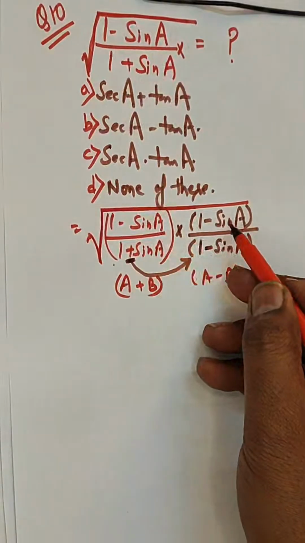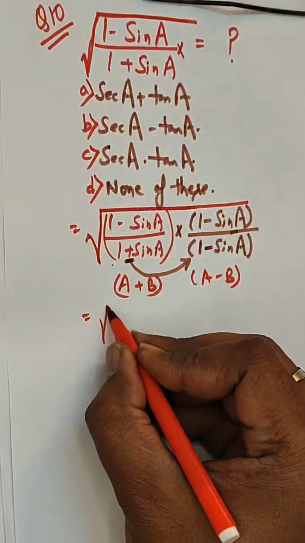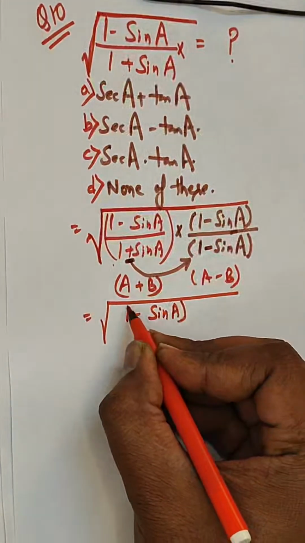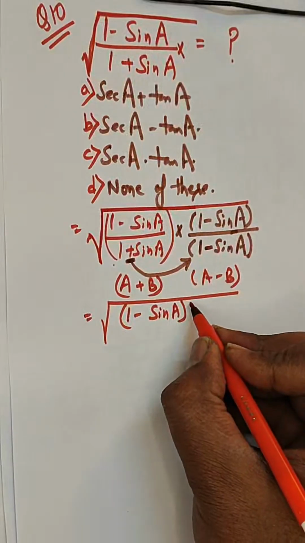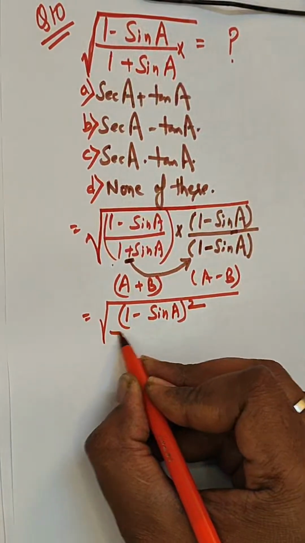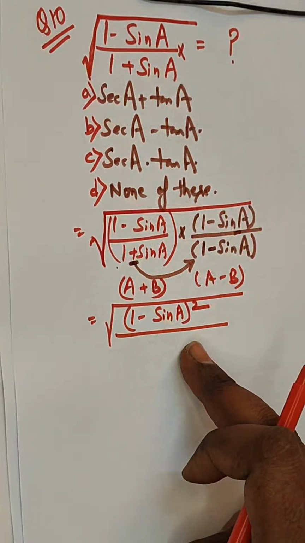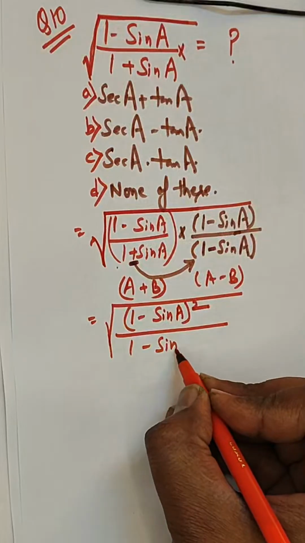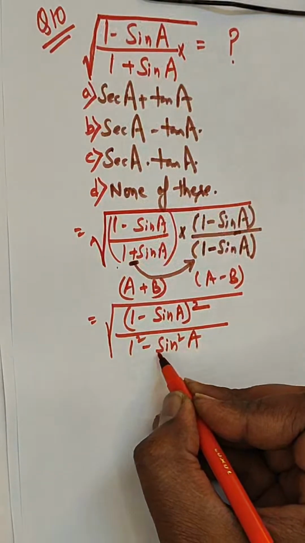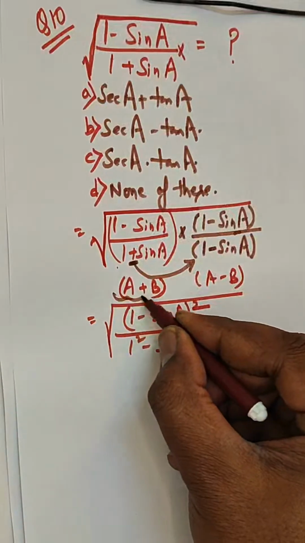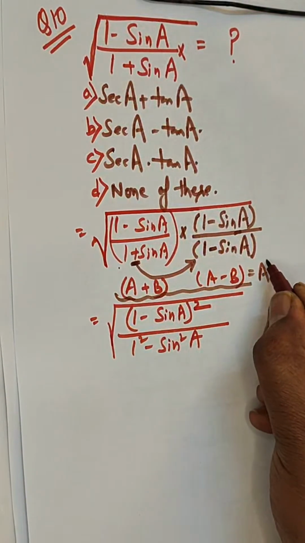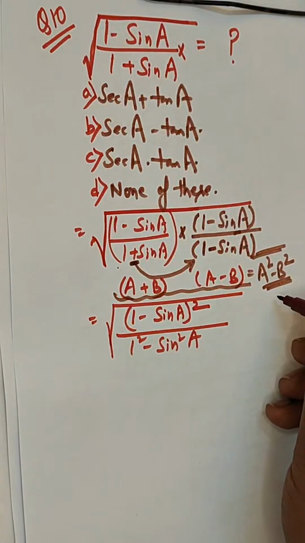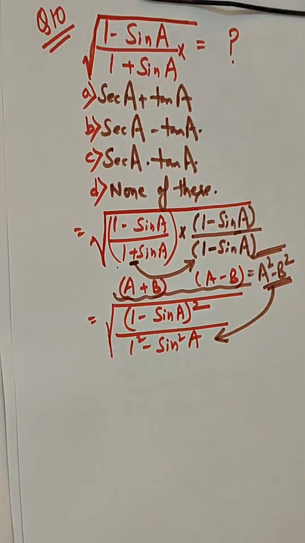Wow, you can see 1 minus sine a is coming 2 times in the numerator, so this gives 1 minus sine a whole square, divided in the denominator by 1 square minus sine square a, using the formula a plus b into a minus b equals a square minus b square. Just remember this. The same is applied here in the denominator.